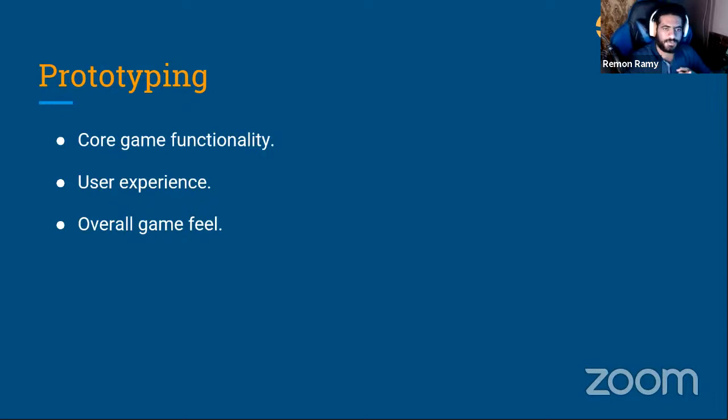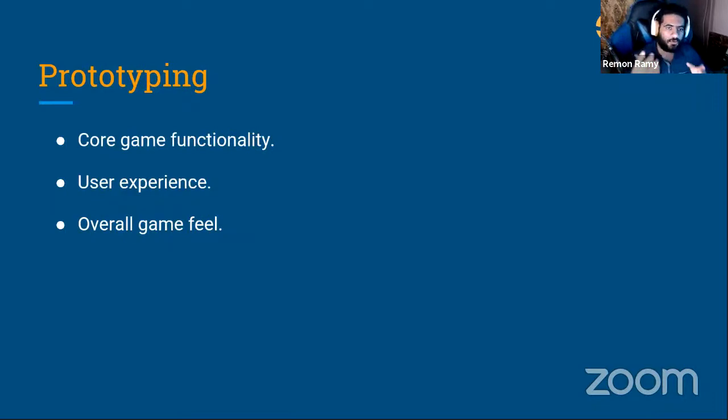The core user experience, so the feeling that you're trying to give the player when they play your game, and the overall game feel, the state of mind, because essentially games are a form of entertainment, right? We play games because they do make us feel better.